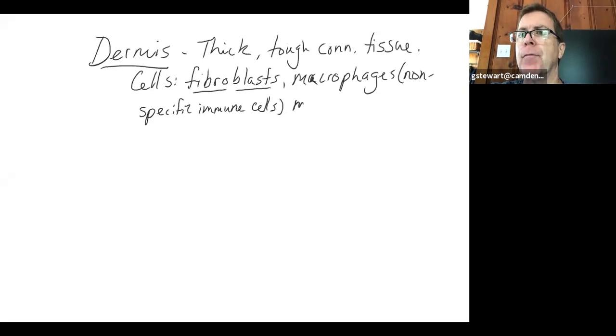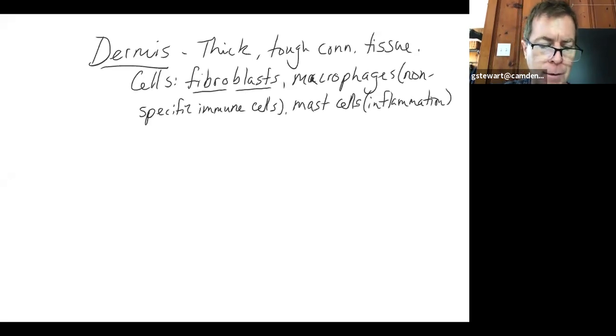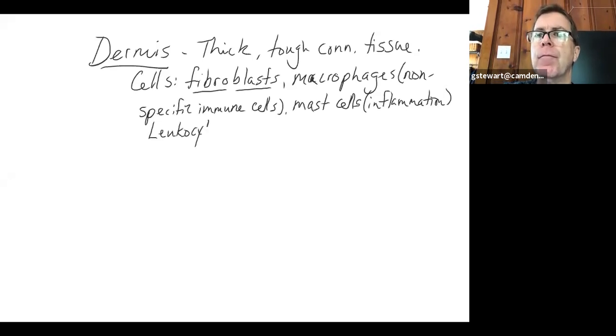Mast cells, which mediate inflammation. So I'm just going to write inflammation to remind you of that. A lot of these are repeat from connective tissue because that's what this is. Leukocytes, which are white blood cells.